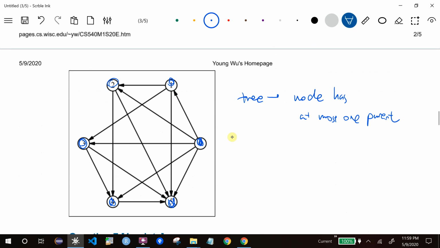So a parent can point to many children, but each node can only have one thing pointing to it. So one example of a spanning tree is you can point to 1, point to 2, say point to 3, and point to 5, and we can actually do anything. So we'll do 2 point to 4.